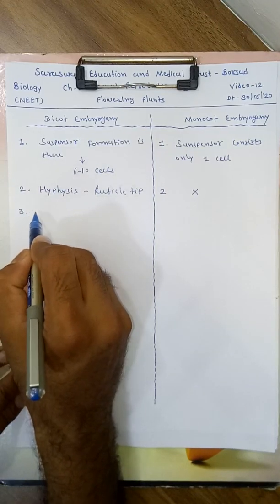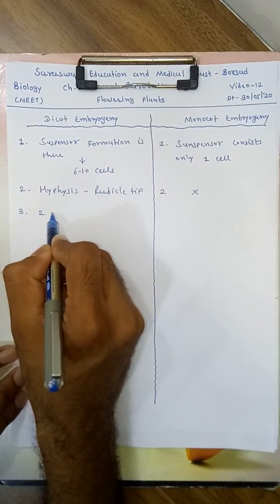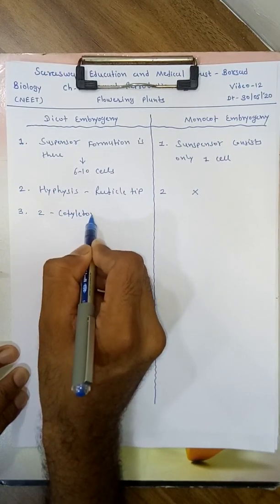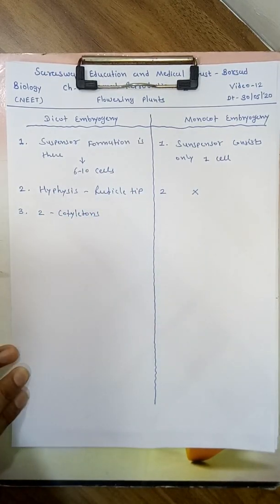number of cotyledons. There are 2 cotyledons in case of dicot plants.